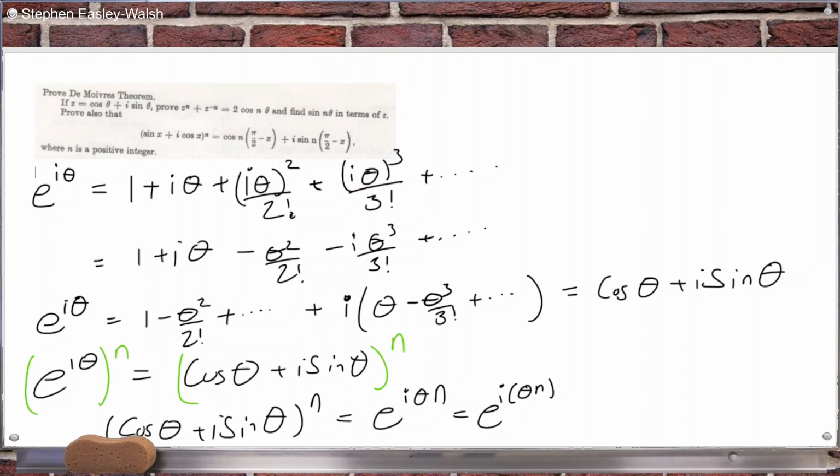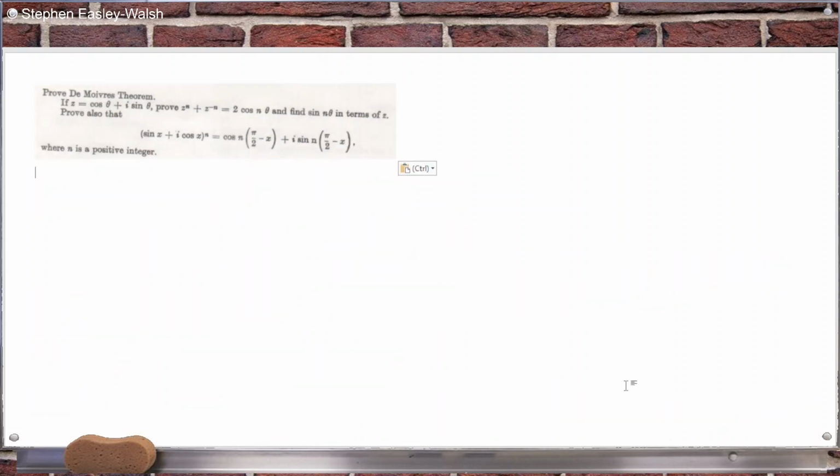So all that's happened is that in this formula here, θ has been replaced by nθ. So likewise, the θ here gets replaced by nθ. So that becomes cos nθ plus i sin nθ. So that's the first part of this question done. That's the proof of De Moivre's theorem using Taylor series.